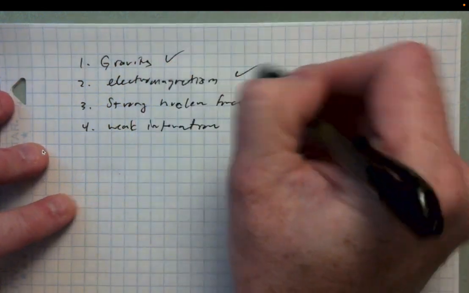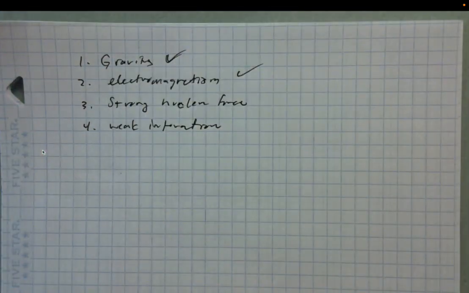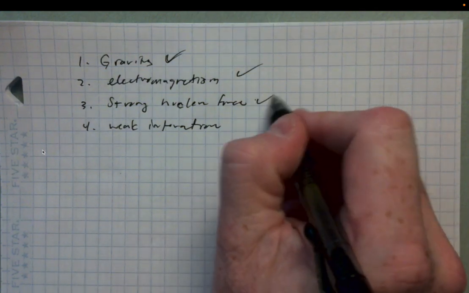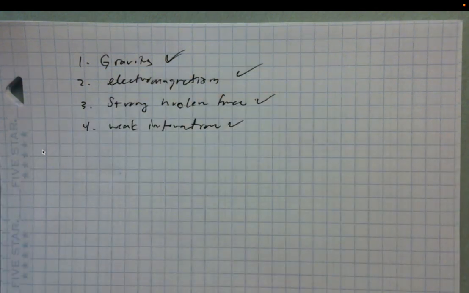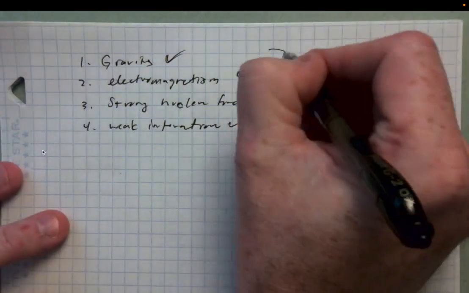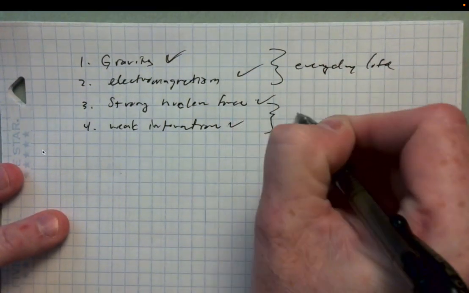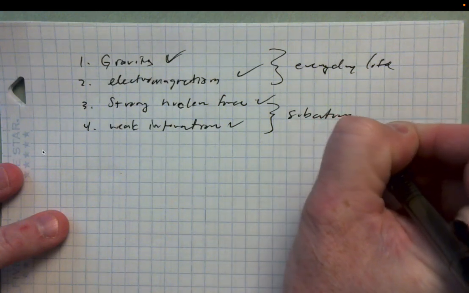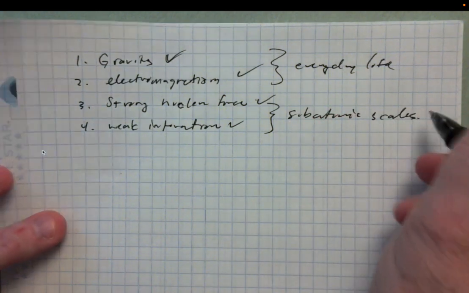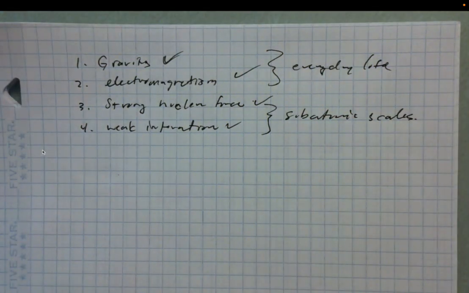These two operate at the scales of everyday life. These two down here operate at subatomic scales. So everyday life, subatomic. Hence we haven't really interacted much with forces that would be expressions of 3 and 4 yet. We've certainly seen lots of examples of 1 and 2 though.